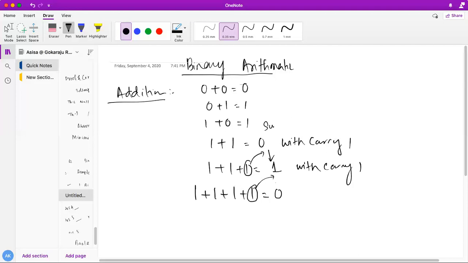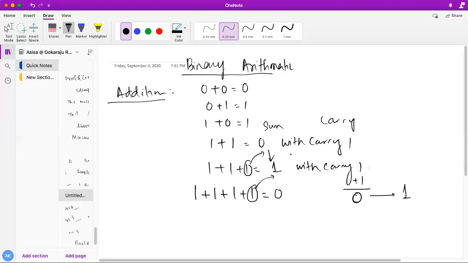This is my sum and this is my carry. This carry will go over here and add with this, providing the sum 0. Again 1 plus 1 gives 0, and again one more carry is generated, then the actual carry will move to the next bit.